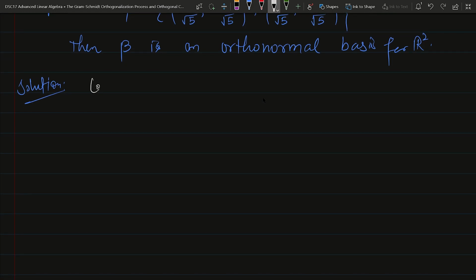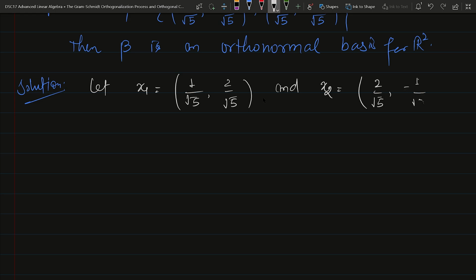So you can write, let x1 is equal to (1/√5, 2/√5), and x2 is equal to (2/√5, -1/√5). Then what about the inner product of x1 and x2?